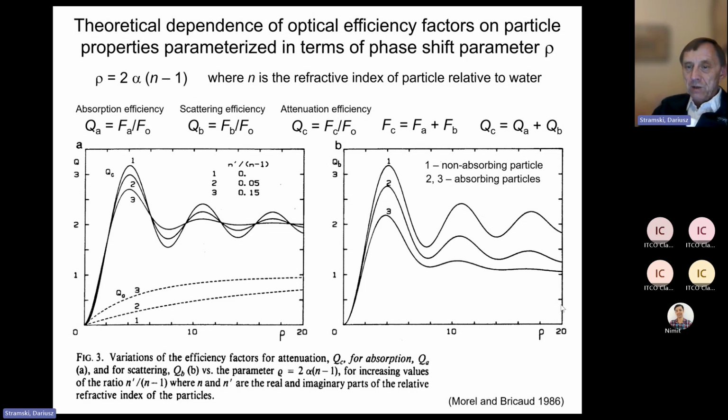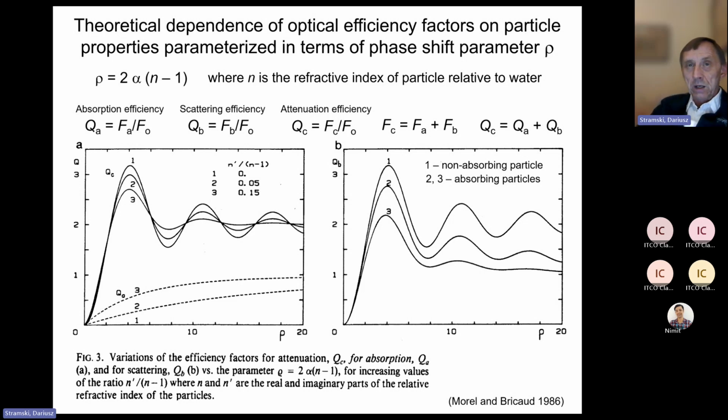So for large values of rho, we are in the domain of the so-called optically large particles. You may recall that I described in my previous lecture one of the theoretical approximations for optically large particles, the geometric optics.